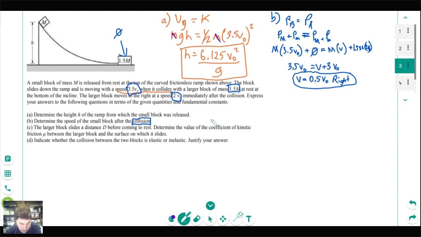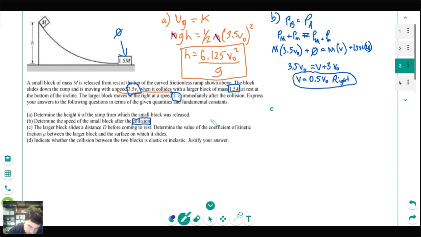We're either looking at forces, normal force, force of gravity, that sort of thing, or we're looking at work, non-conservative forces taking away energy. And based on the fact that we've done energy already, and I see no mention of anything in this question that's talking about forces, we're going to do the energy method for that as well.